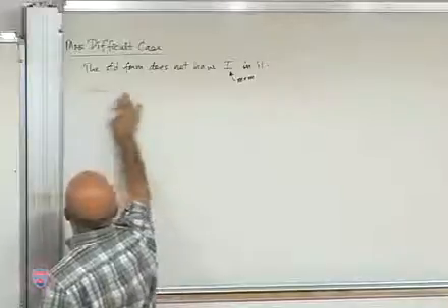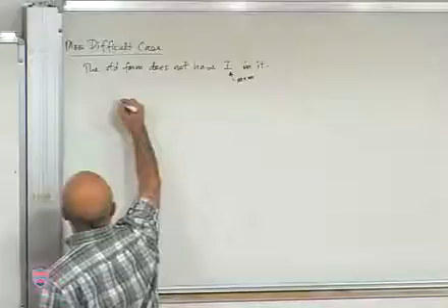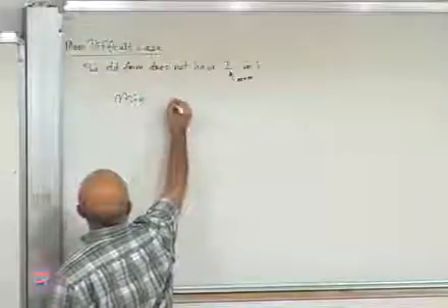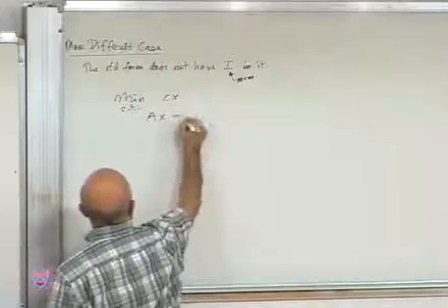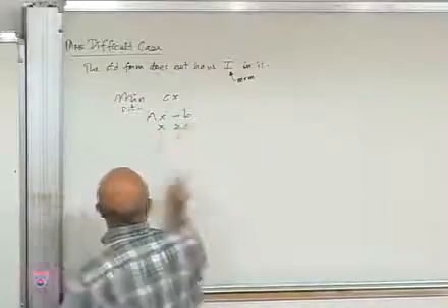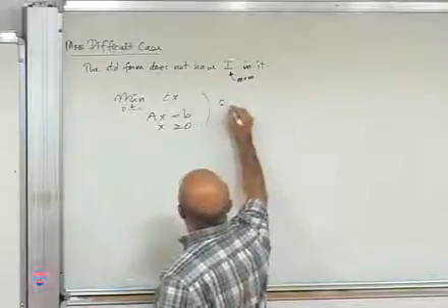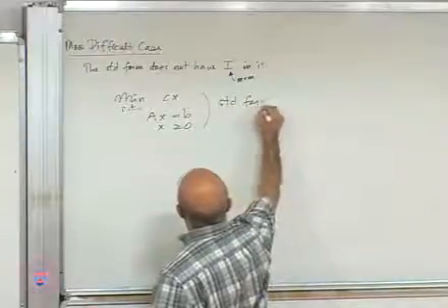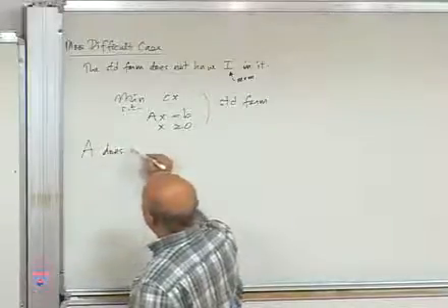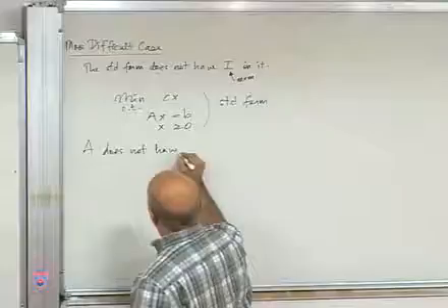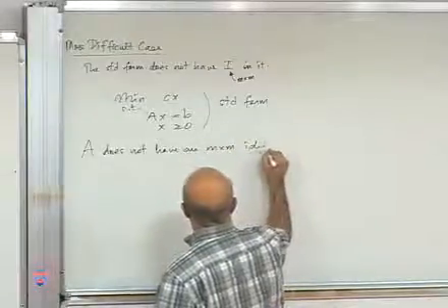So let's do it this way. The initial problem is the minimization of, say, Cx subject to Ax equals b, x greater than or equal to 0. That's your standard form problem. And A does not have an m by m identity in it.